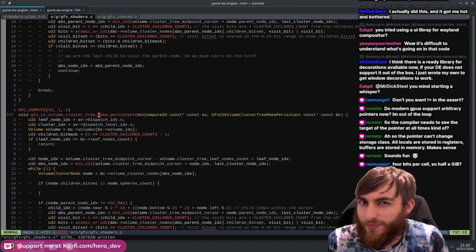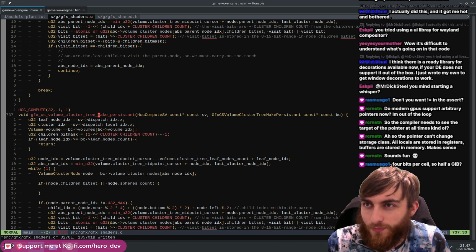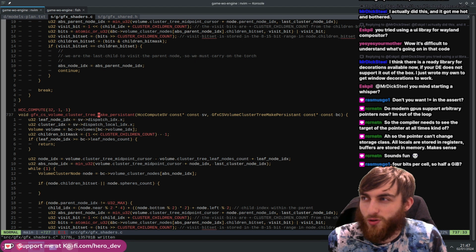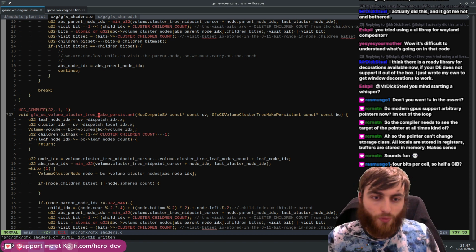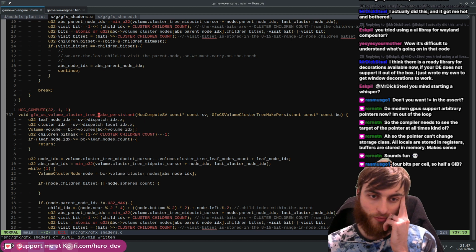We could maybe store a bit on each node, or just have a bit set for all of the nodes that you want to keep and delete. And you just run a shader over it.